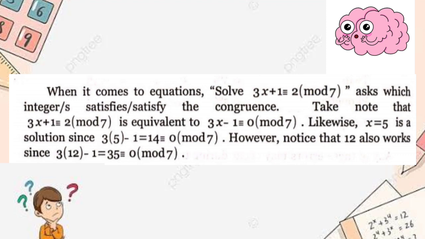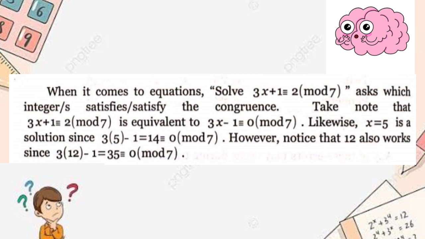When it comes to equations, solve 3x plus 1 is congruent to 2 modulo 7. Ask which integer or integers satisfy the congruence. Take note that 3x plus 1 congruent to 2 modulo 7 is equivalent to 3x minus 1 congruent to 0 modulo 7.